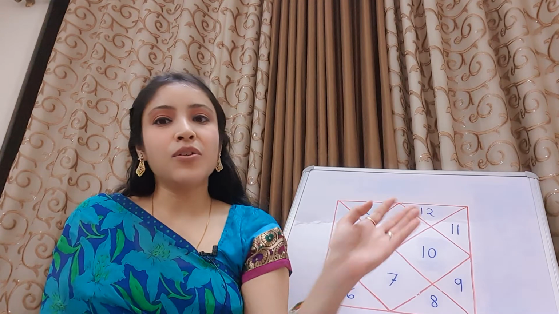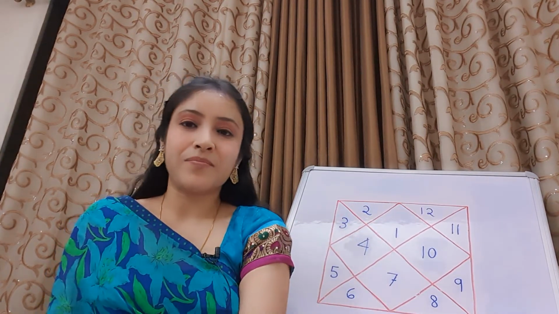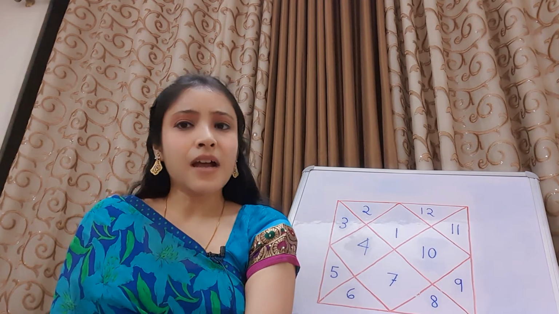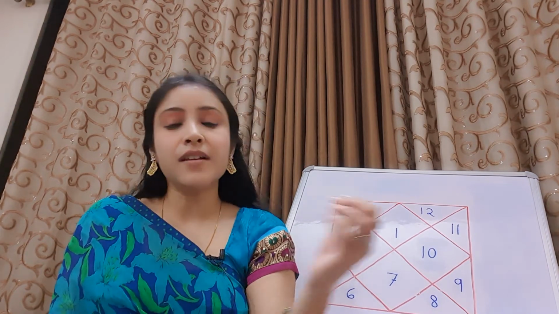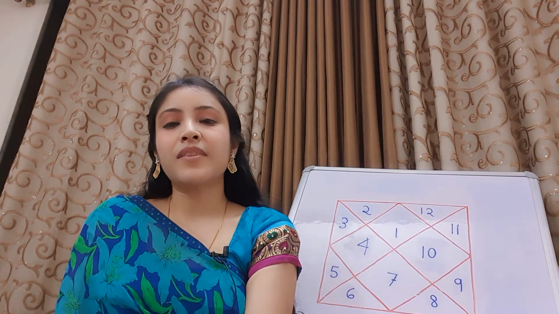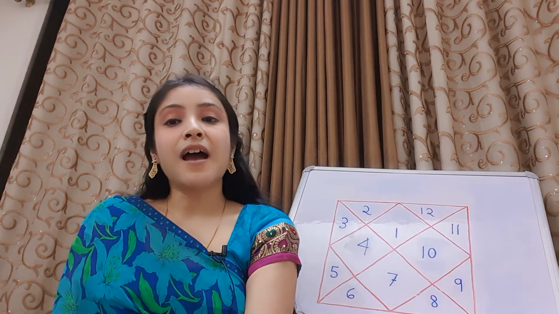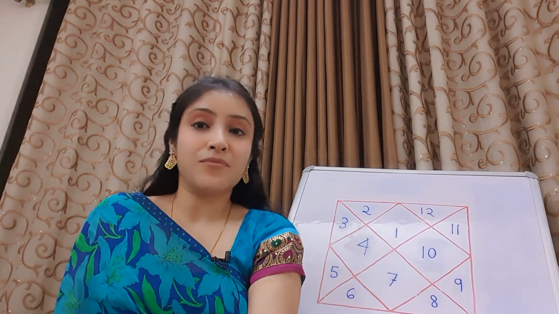So as you can see on the board, the first house is marked number 1. In that house you may have any sign, but here in the Kalpurush Kundli you have the Aries sign. Now the first house is the house of the self.